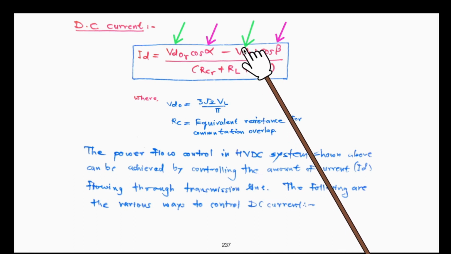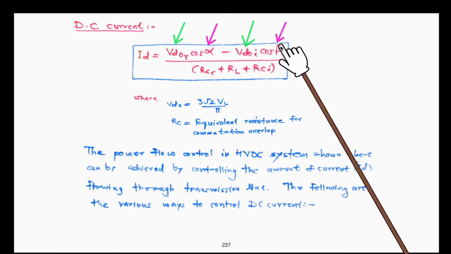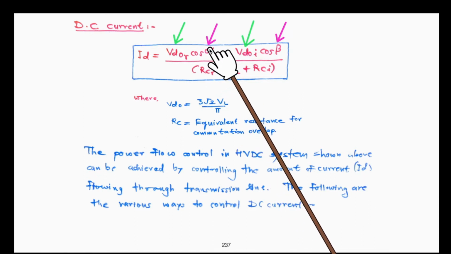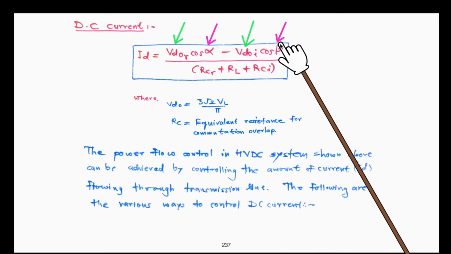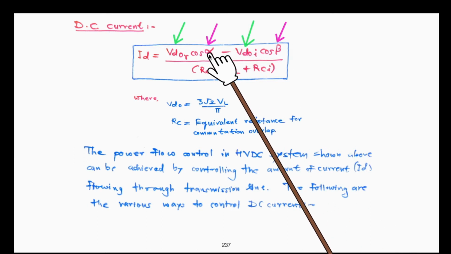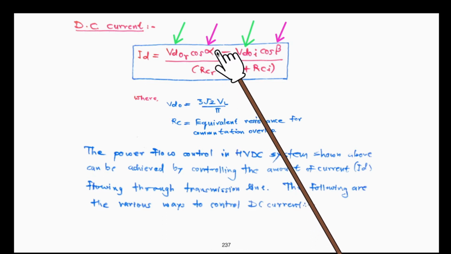These two methods, alpha and beta, are extremely fast, with rapid response, because the firing angle can be controlled from 0 to 180 degrees, over a wide range of operation, for a complete cycle of AC voltage.